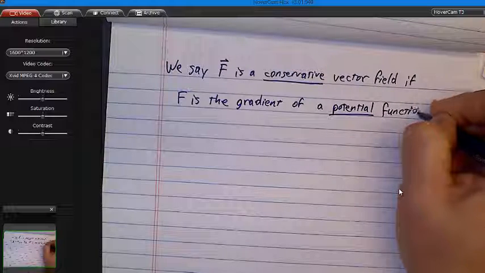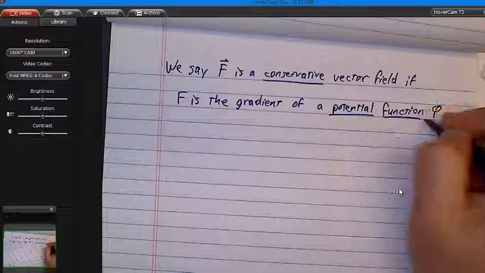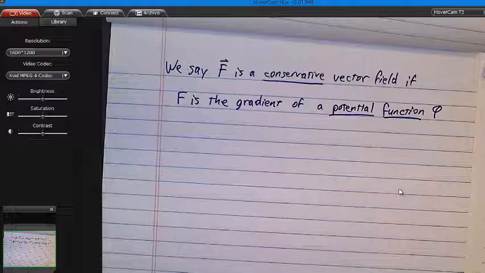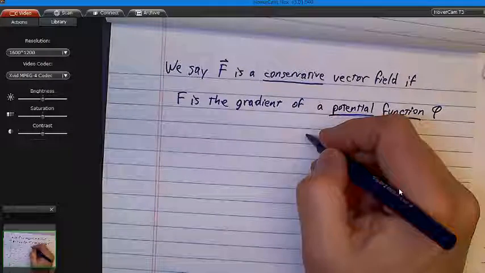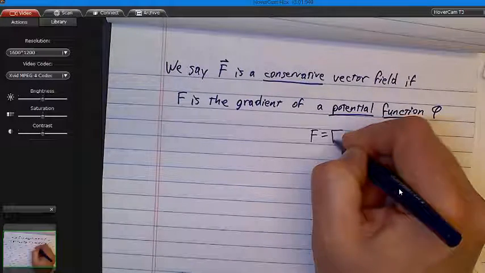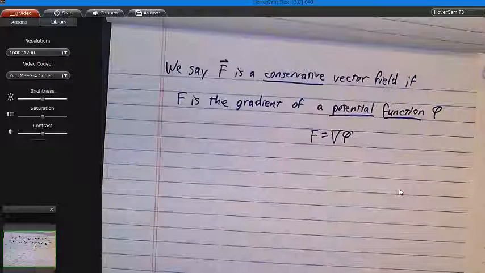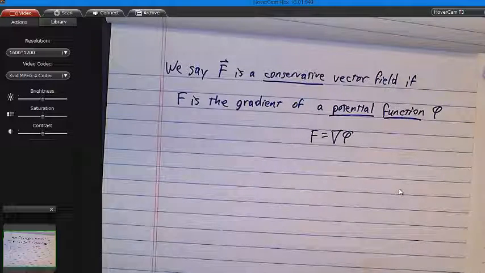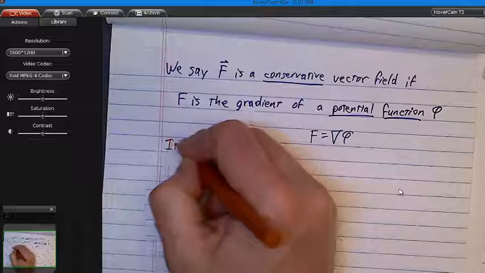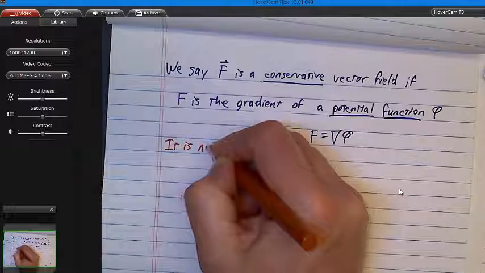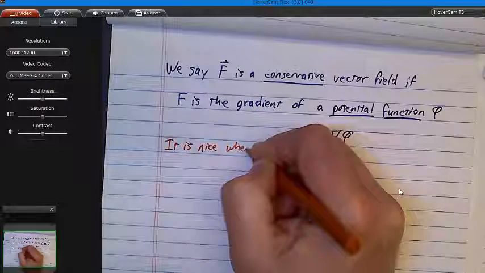And again, your book uses phi. So again, F equals the gradient of phi. And this is nice. It is nice when this happens.